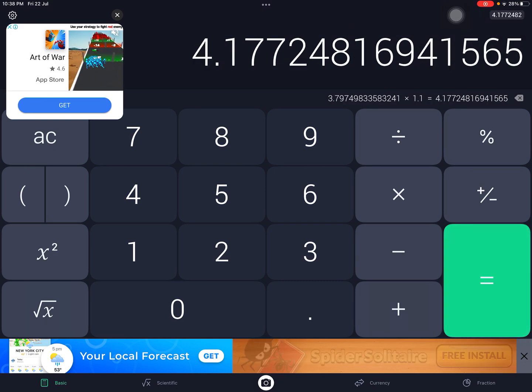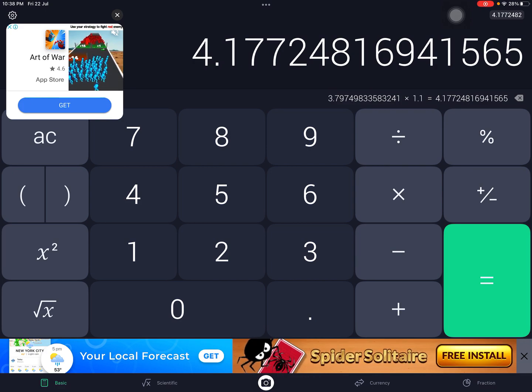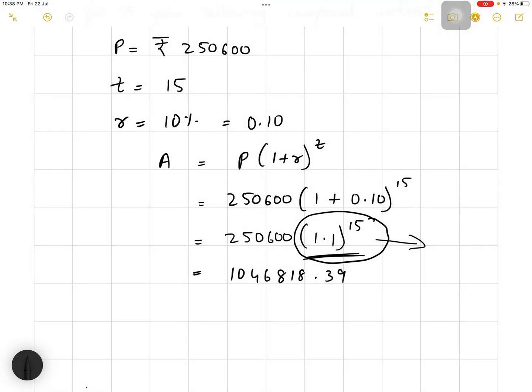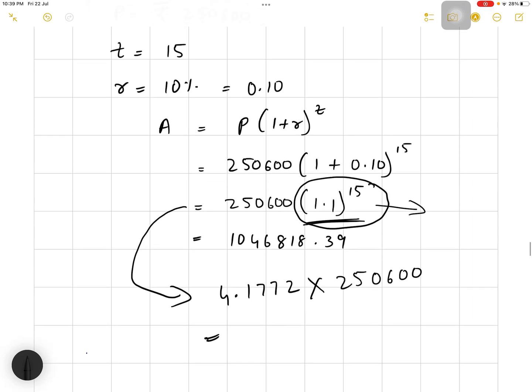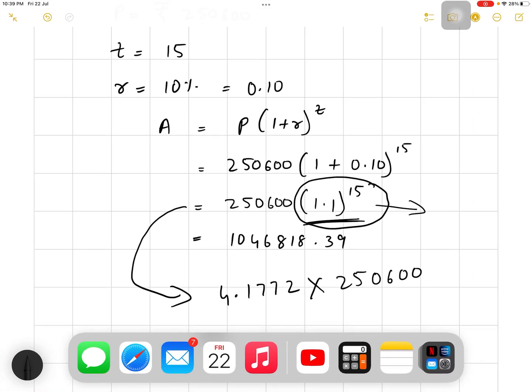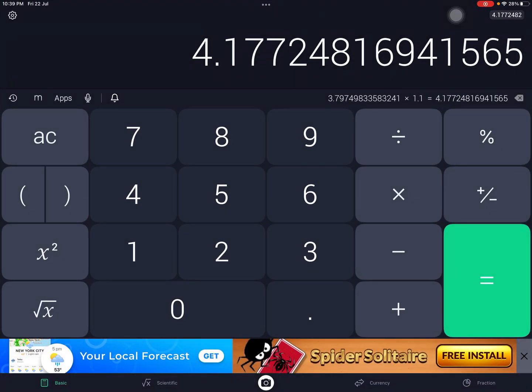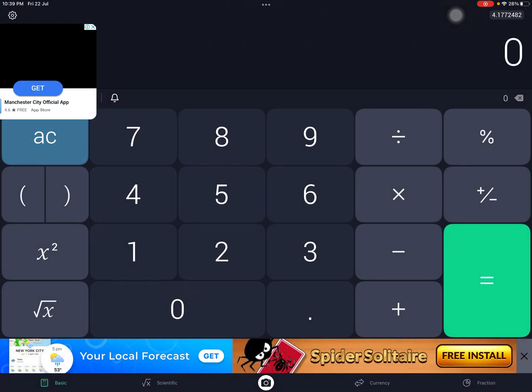So it comes to 4.1772, correct? So here I am taking 4.1772 into 250600. Now I am keeping only 4 decimals and checking the answer.